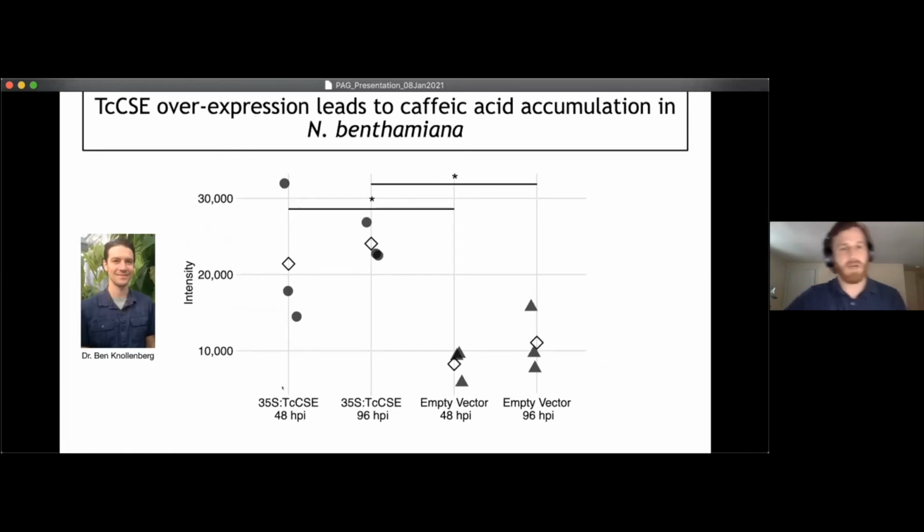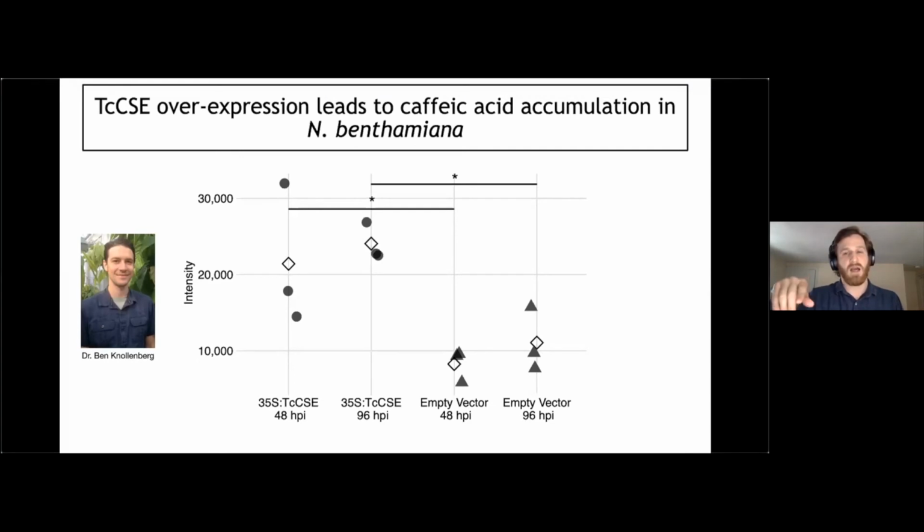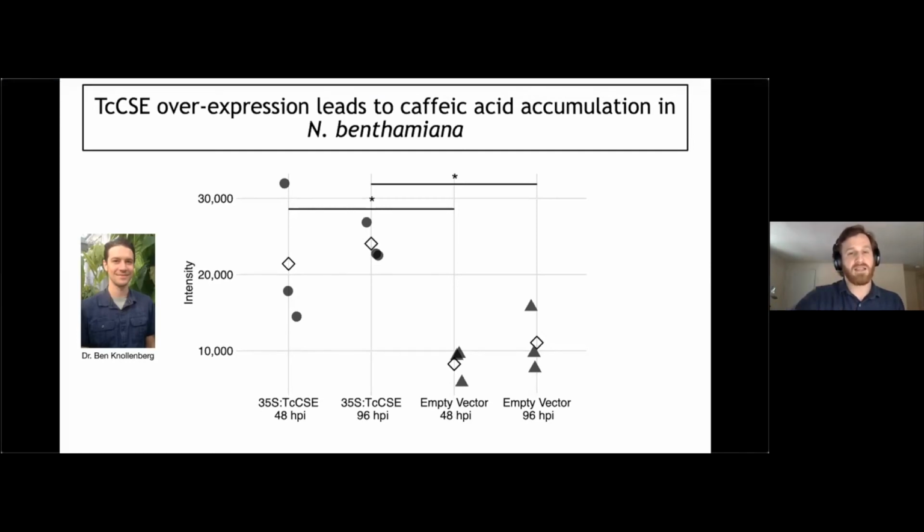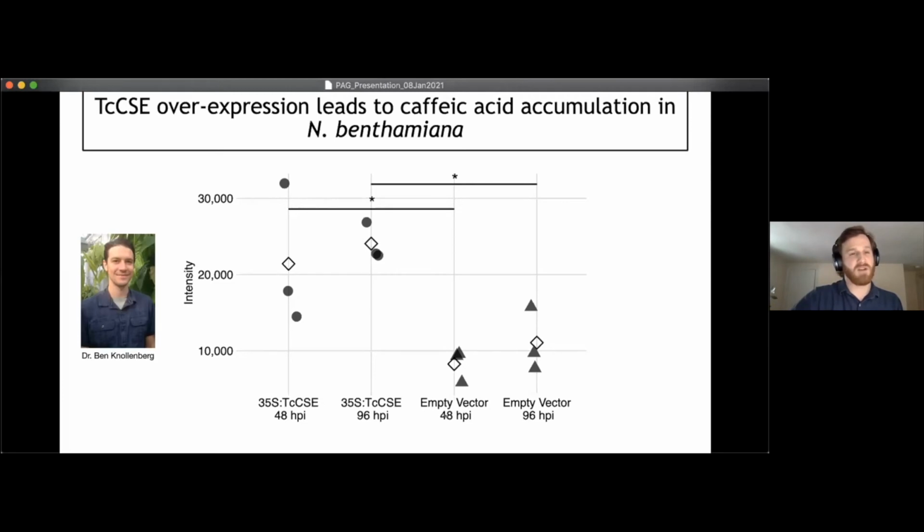We first cloned and overexpressed TcCSE in Nicotiana benthamiana and looked at accumulation of caffeic acid 48 and 96 hours post-transformation. Here, the y-axis is showing the relative abundance of caffeic acid, and the x-axis shows overexpression of TcCSE versus the empty vector control at both 48 and 96 hours.